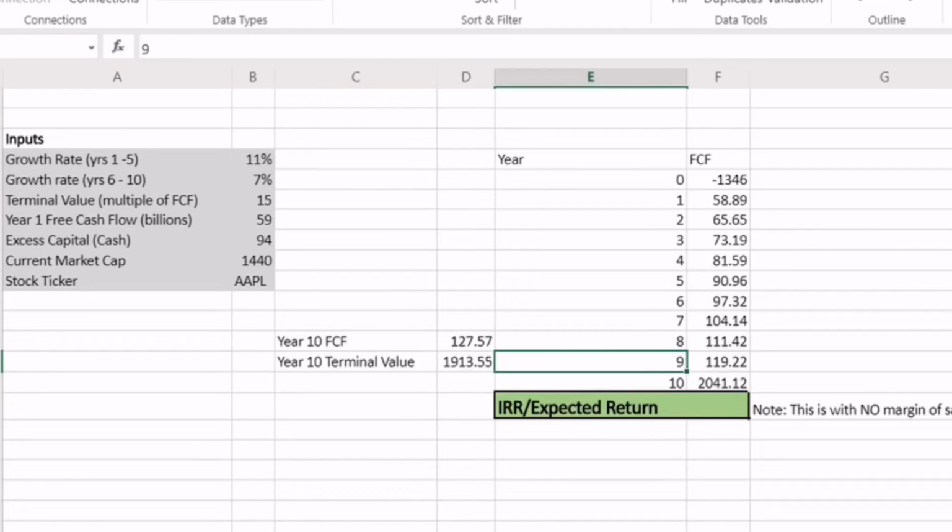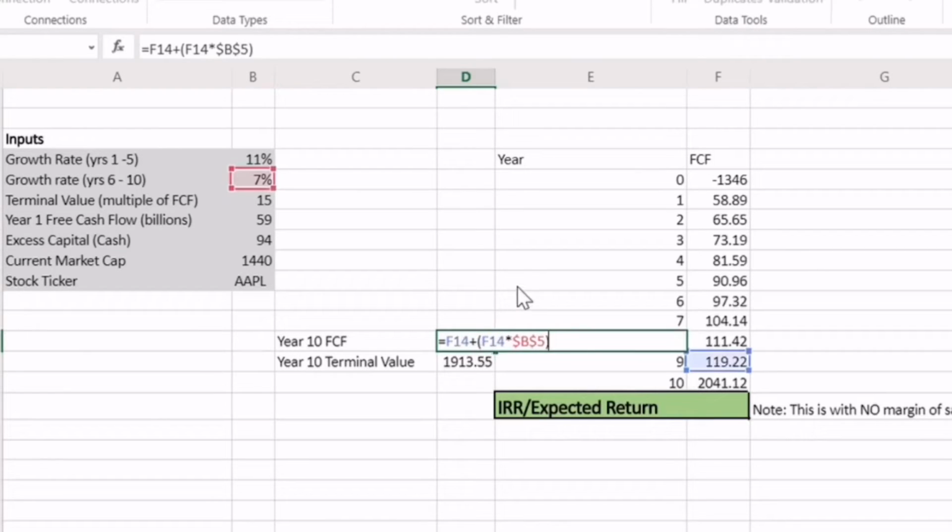And in year 10, I've sort of split out a couple of cells on the side here. So in year 10, there are basically two cash flow events. So we get our regular free cash flows, which the business is producing. And again, that's year 9 cash flows plus an additional 7%, which is our growth rate. And the other cash flow event that we get in year 10 is our terminal value.